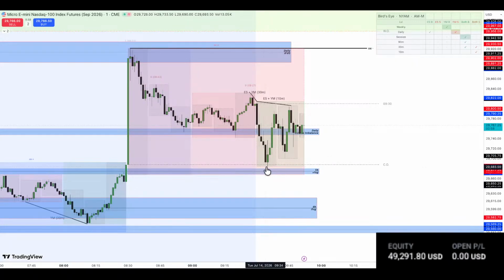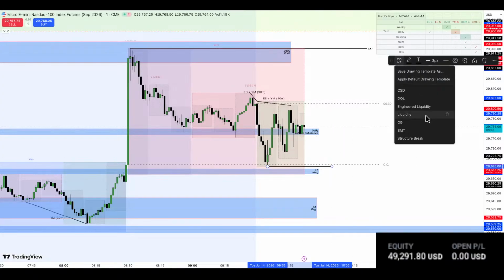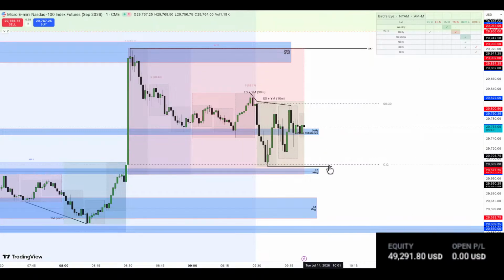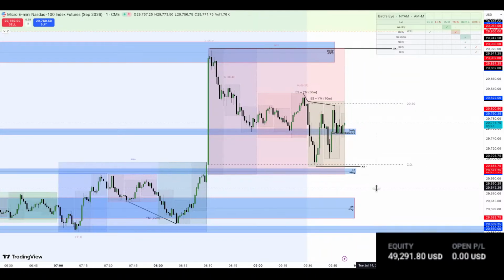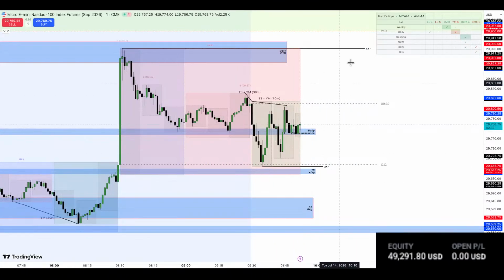I want to see price tap this low before going up. I want to see price tapping here plus this bullish fair value gap before taking any trades to hit or target this drawn liquidity.